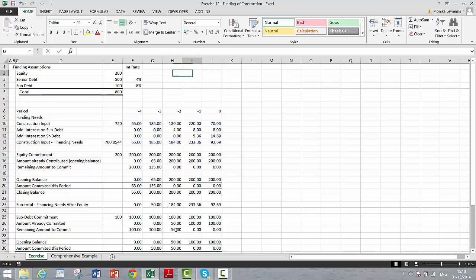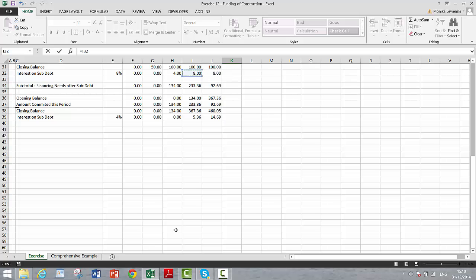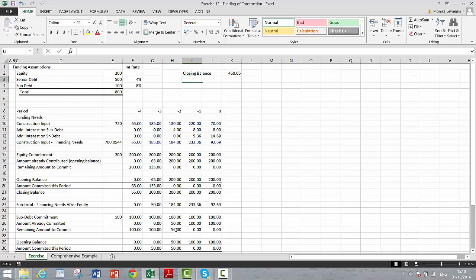So how about closing balance of the debt, and let's go down here and get the closing balance of the debt, and that's the computed input. That was this one, and the difference is here.